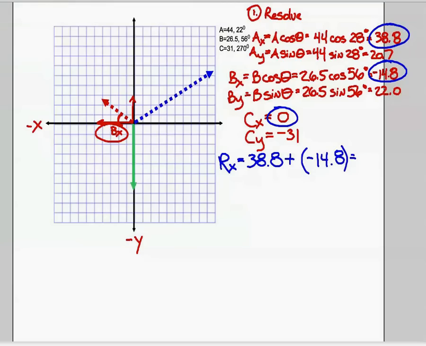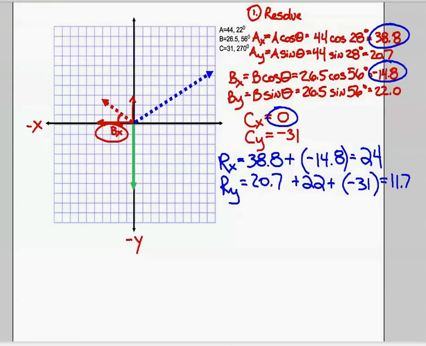When I add those two numbers together, I get 24. The y component is found by adding all of the y pieces together, 20.7 plus 22 plus negative 31. When I add all the y pieces together, I get 11.7.